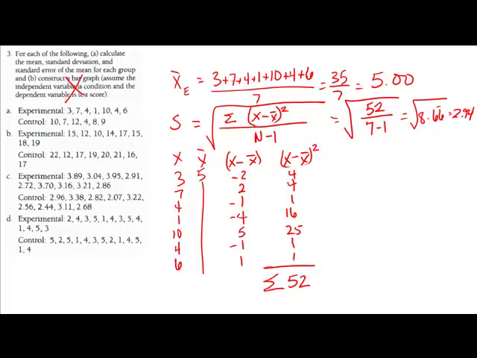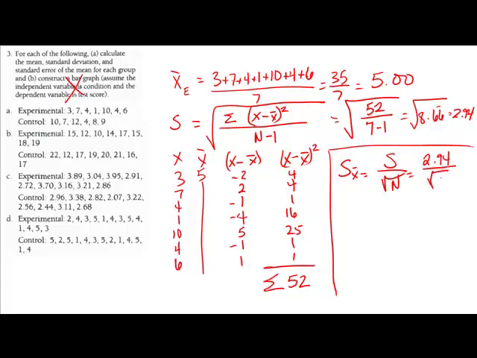Okay, and now we need to do the standard error. That's chapter 7, I believe. Standard error of the mean is equal to s divided by the square root of n. Well, if s is 2.94, the square root of 7.